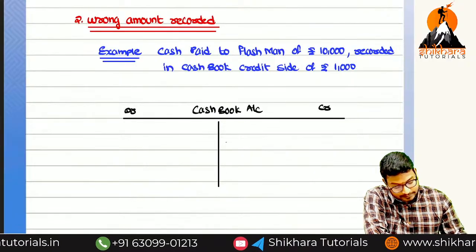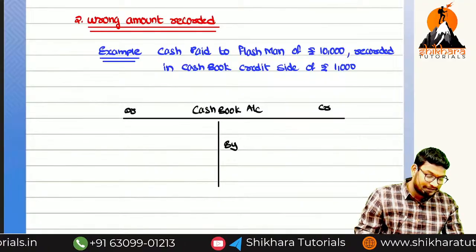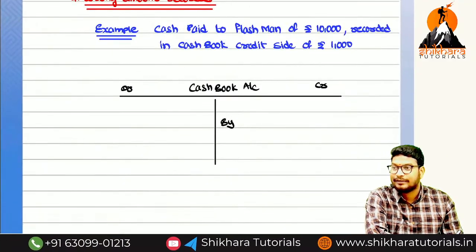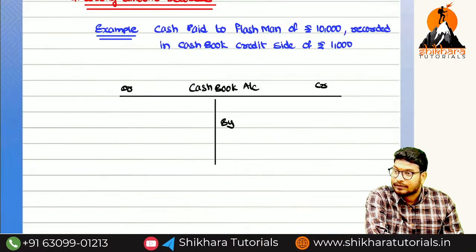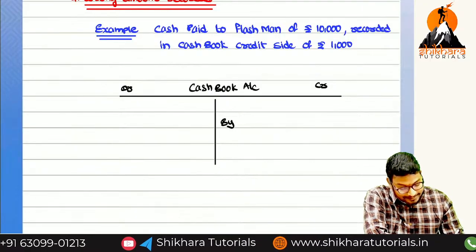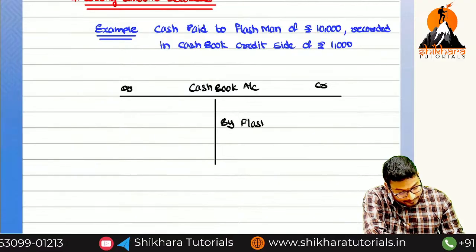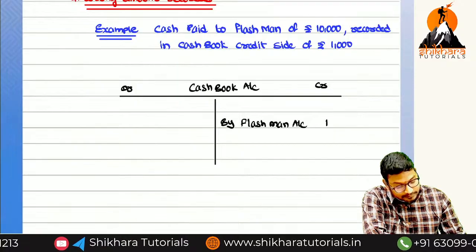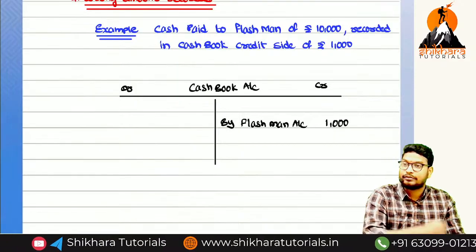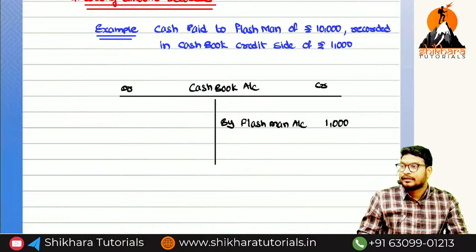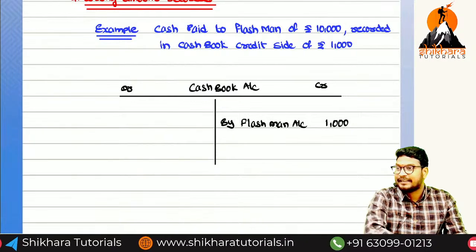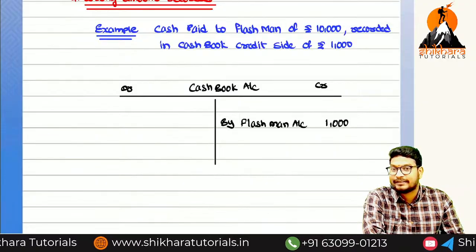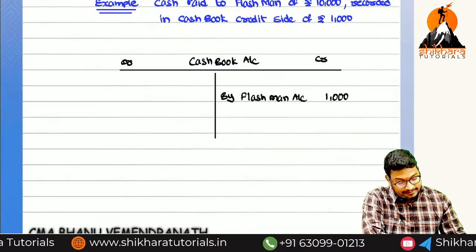By. By Flashman account, how much? 1,000. We have recorded only 1,000. How much we need to record? 10,000. But that fellow, instead of the 10,000 he needs to record, has recorded only 1,000. So that is the reason.